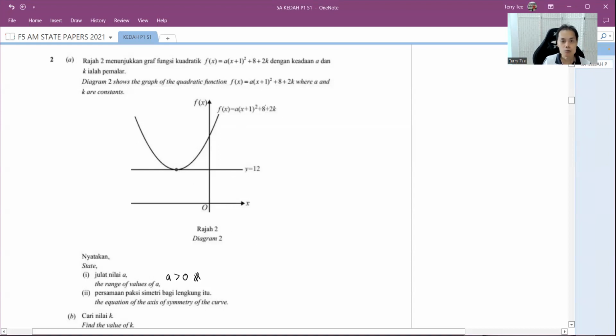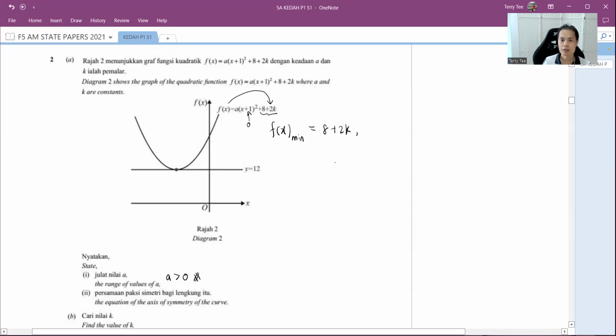Now I hope you already know how to read the equation of a quadratic function in what we call the vertex form. If your a is more than 0, your f(x) will have a minimum. And the minimum value is always the one outside your bracket. In this case, it is 8 plus 2k. And this happens when the one inside the bracket, x plus 1, equals 0. Your f(x) can only be this if this whole thing is 0.